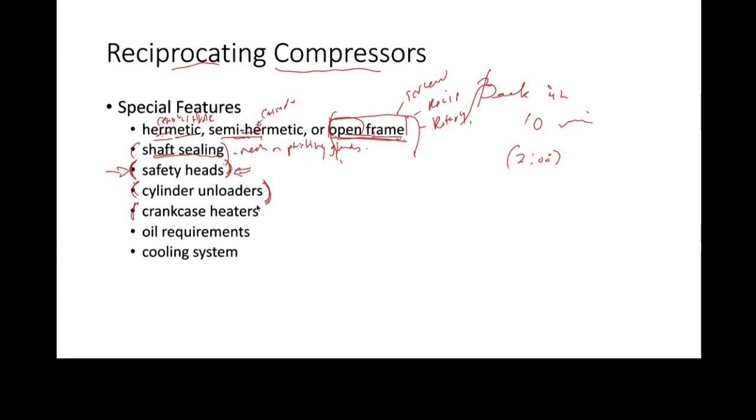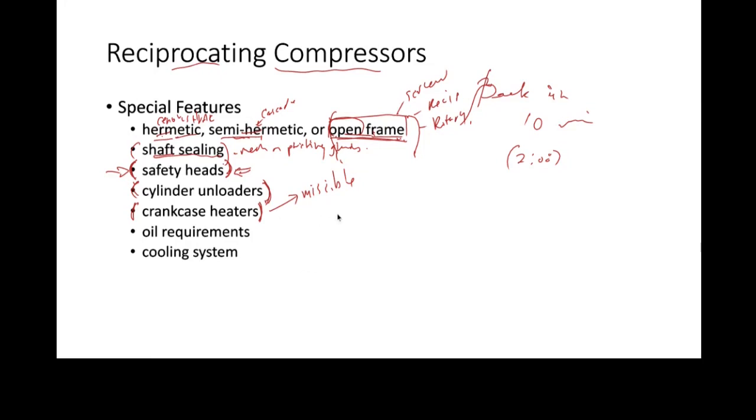Now this one here is a little bit interesting. So we know that some refrigerants are miscible, and if in fact we do have a miscible refrigerant, then what happens is the lube oil becomes diluted. It loses some of its viscosity. It loses some of its lubricating qualities.